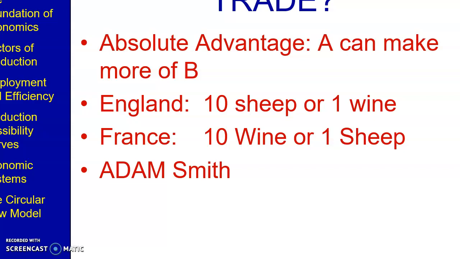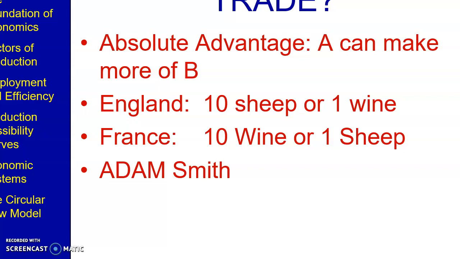Here's an example of that, and I've got it on the slide here. Absolute advantage simply means that country A can make more of something than country B, okay? It can outproduce them. England can make 10 sheep or 1 wine in a year's time, let's say. And don't get hung up on how England can only make 10 sheep in a year.